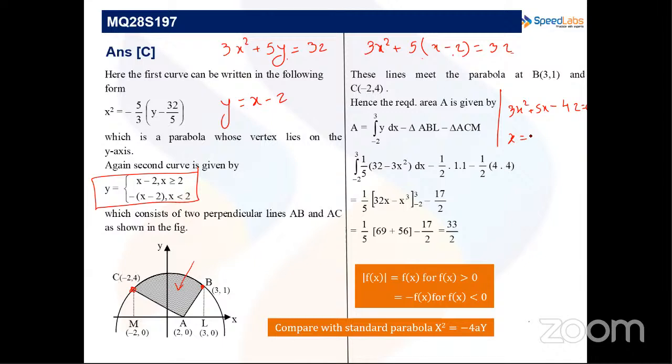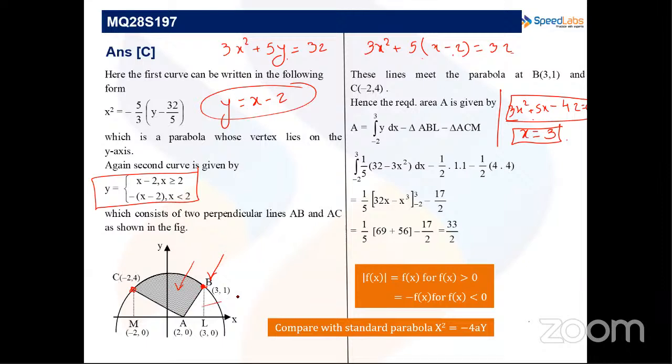So you will get x equals to minus 5 plus minus under the root b square minus 4ac. So you can solve this quadratic equation and you will get the value of x equals to 3. So this coordinate is x equals to 3. Put x equals to 3 here, you will get y equals to 1.